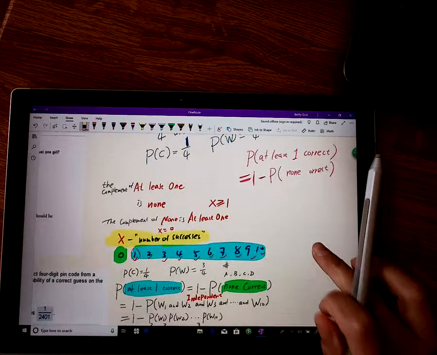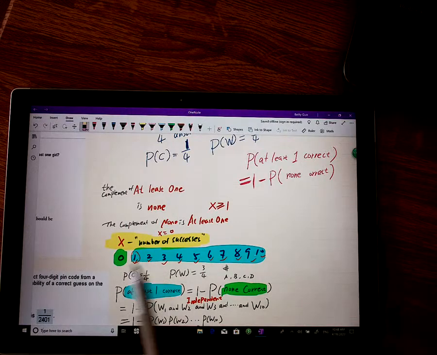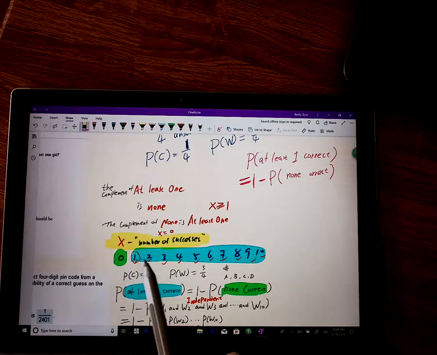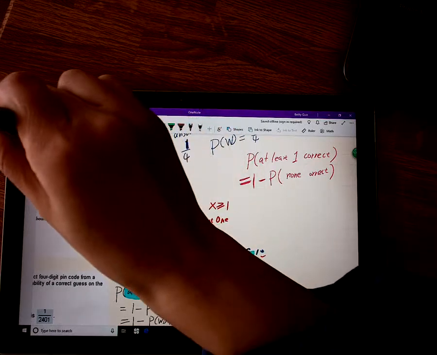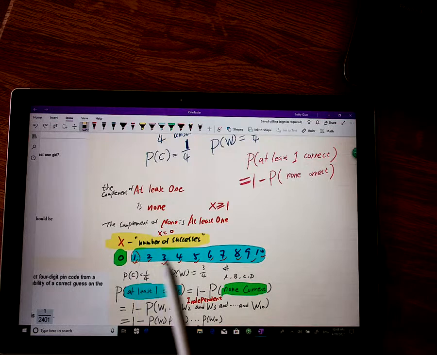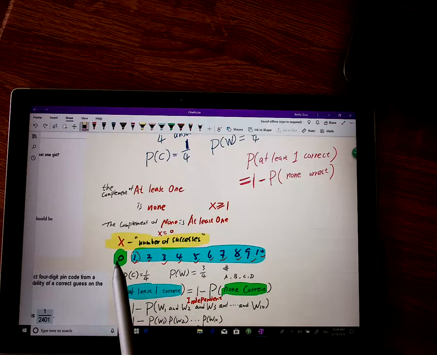Okay? So at least one, you get at least one question correctly. That includes 1, 2, 3, 4, 5, 6, 7, 8, 9, 10. All those numbers covered by blue. Then what's the complementary result?